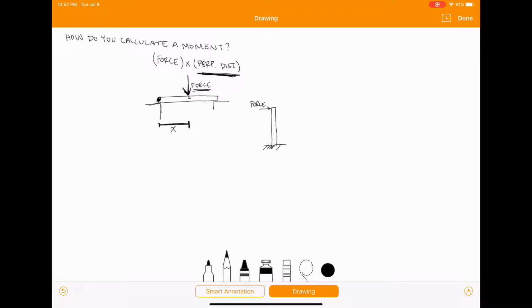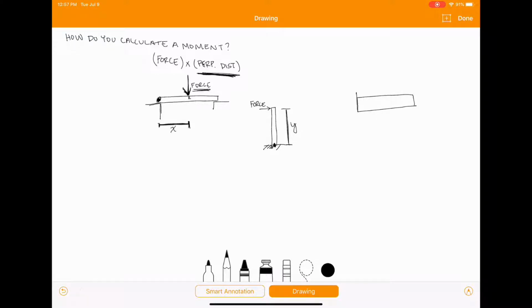It's going to be this perpendicular distance here, because the x distance isn't going to cause any rotation, but that distance there.